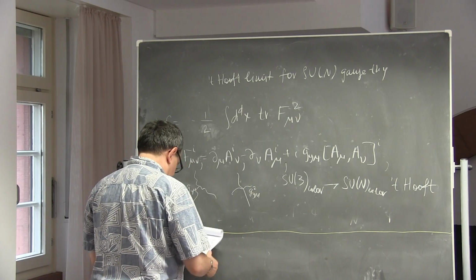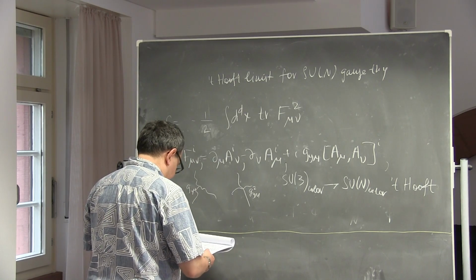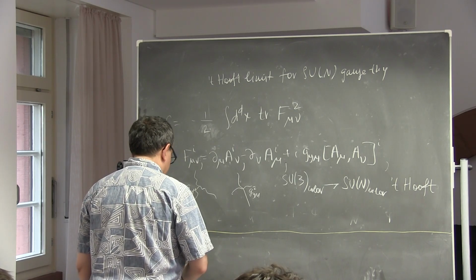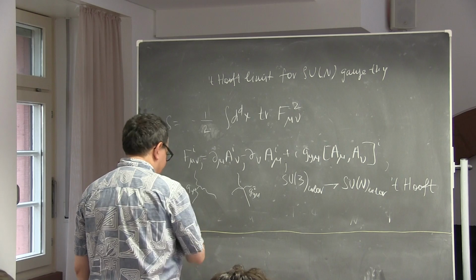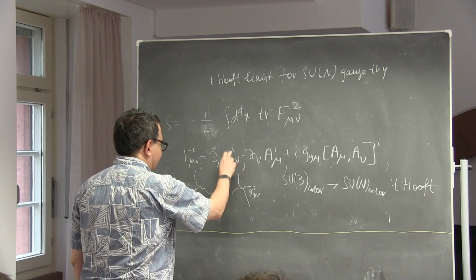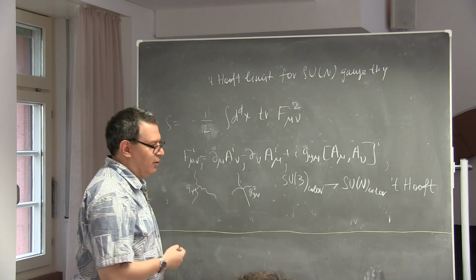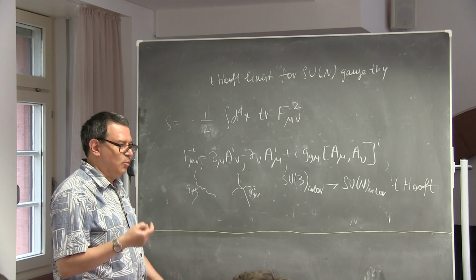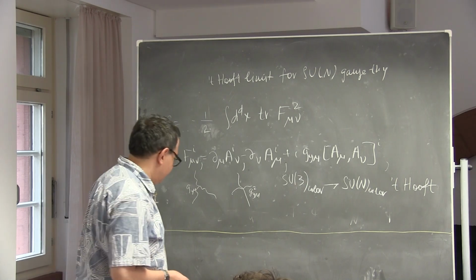And the index structure of these interactions is basically, you think of these two indices separately, and it helps actually to forget that there is a tracelessness constraint. You can just work with U(N) instead of SU(N).